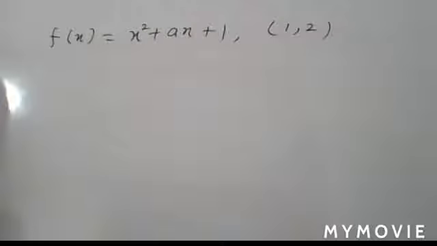On 1 2 means if your function is strictly increasing for the given interval, in the interval 1 2, what is the least value of A?